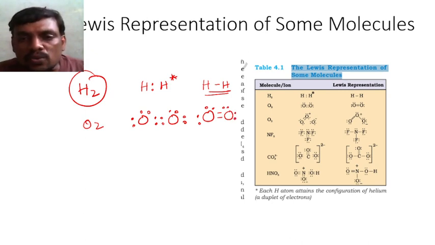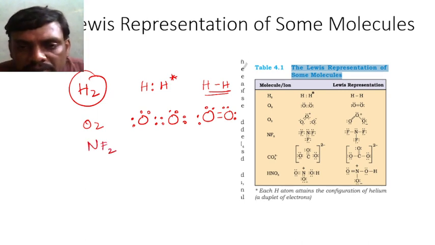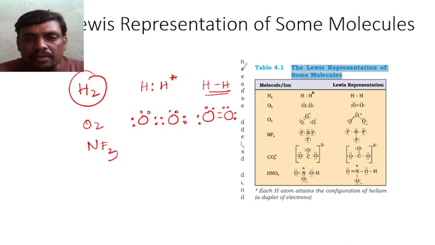And what about the next one, O3 and NF3? Let us take NF3. Nitrogen is the central atom, and you can see the electrons of nitrogen and fluorine electrons.